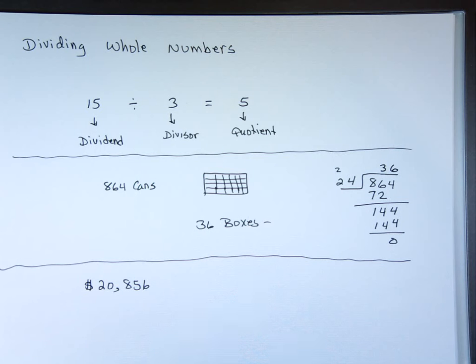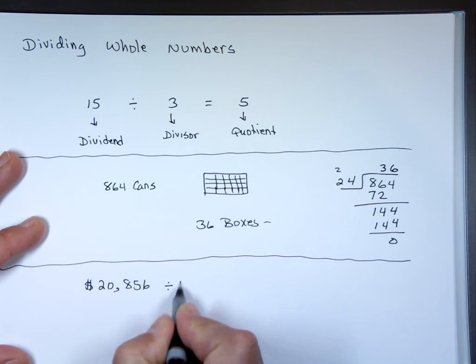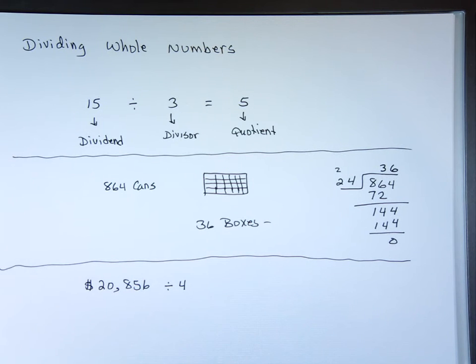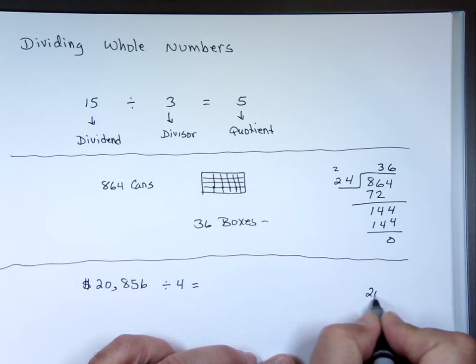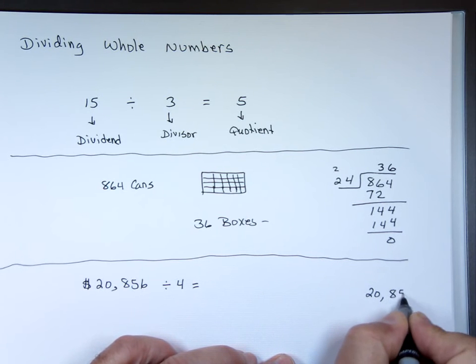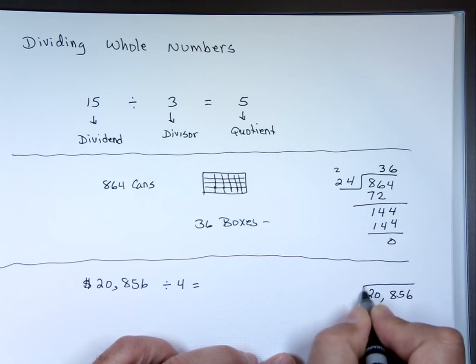Grandma has 4 kids. So we're going to take this money and divide it by 4. How much does each one of them get? So we take 20,856 and divide that by 4.